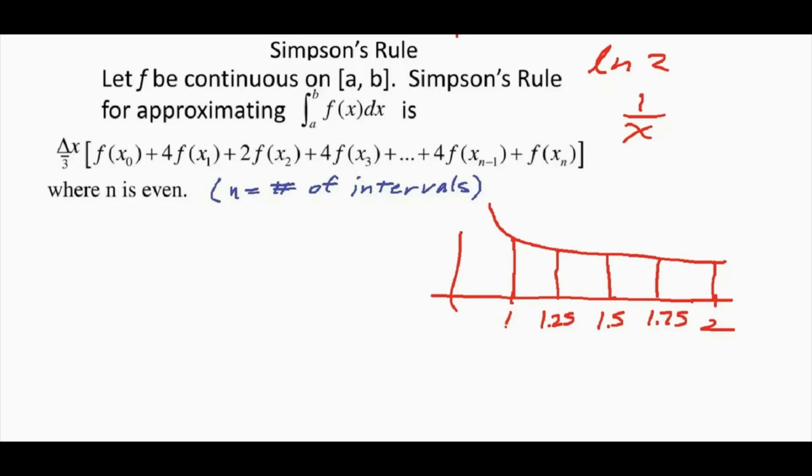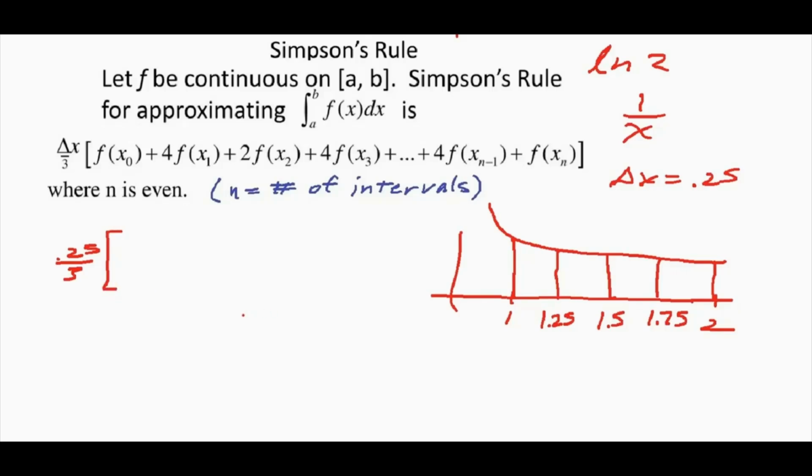And then to do Simpson's rule, you need to take delta x, which is the distance of each of these. So that's going to be 0.25. So here, delta x is 0.25. So we're going to do 0.25 divided by 3. Why do we divide by 3? Well, it's in that video that I'm specifying.